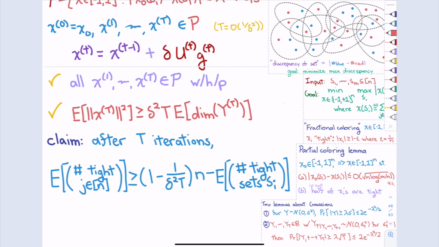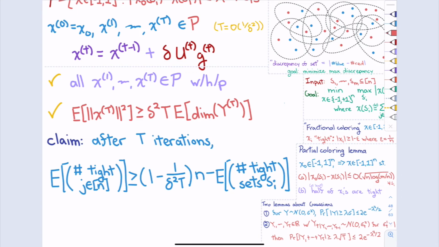Okay, so here's some high level ideas. If x_t squared is really big, then many of the coordinates have to probably be tight. So if x_t squared is very close to n, which is the maximum if you're staying in P, then many of the coordinates would have to be tight. But for that to be true, I need all of these dimensions to be big, racking up a lot of distance, a lot of length.